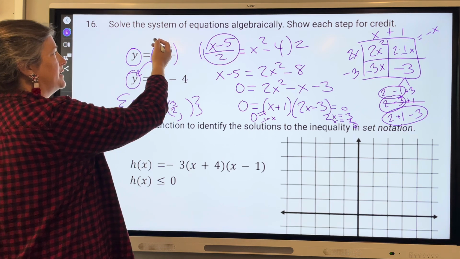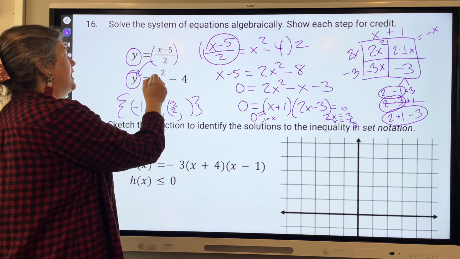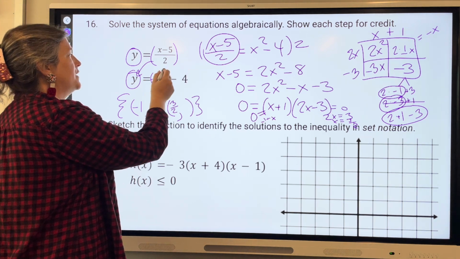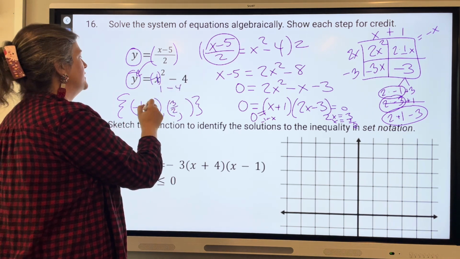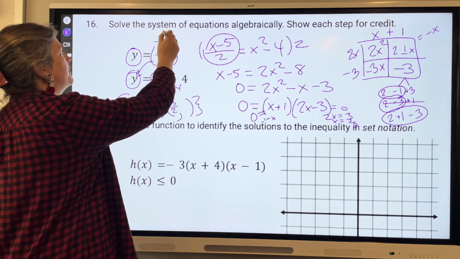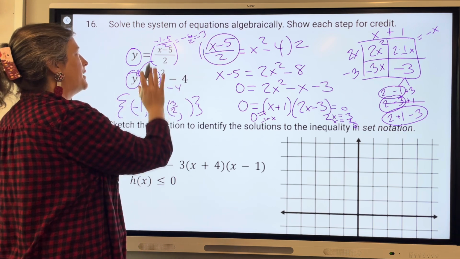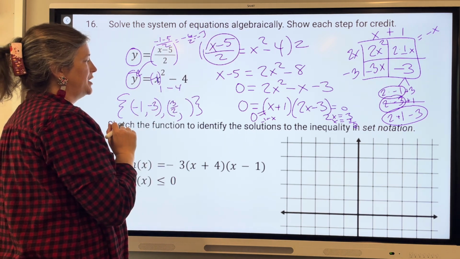I'm going to plug that into the linear version because it's a little, actually it's not. I'm going to take my negative 1 and square it to get 1 minus 4 is negative 3. I might double check that (negative 1 minus 5)/2 is in fact negative 6 over 2 or negative 3. So I'm happy that one works. It's a good check.